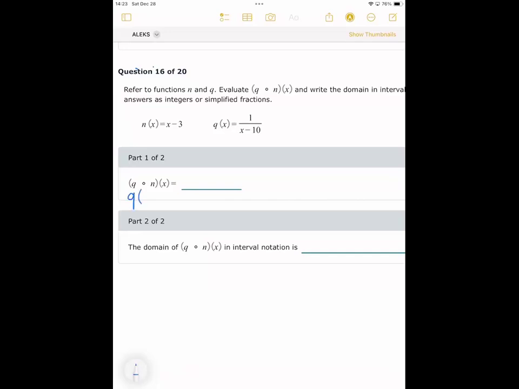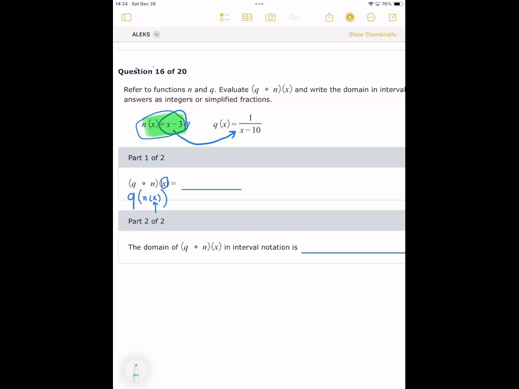This means q of n of x. So I don't have to evaluate n at any number because this is not a number here. This is just an x. All it is saying is take this n, put it in here for x.